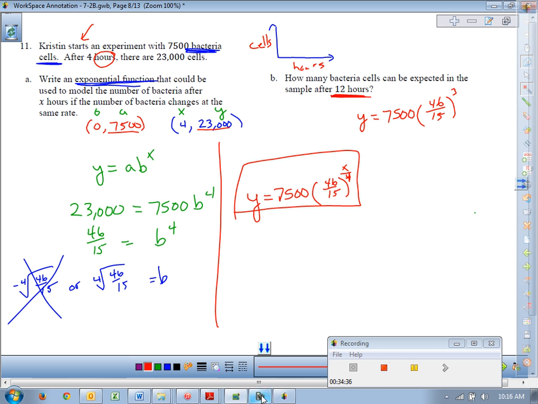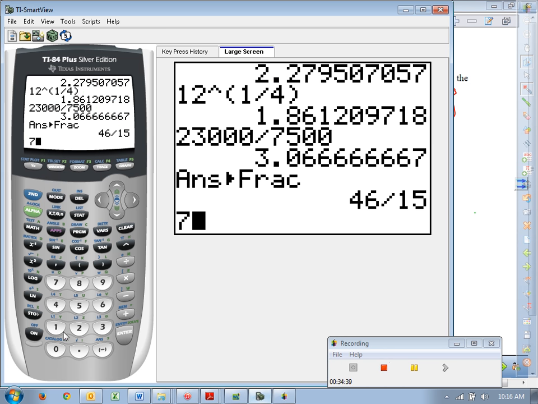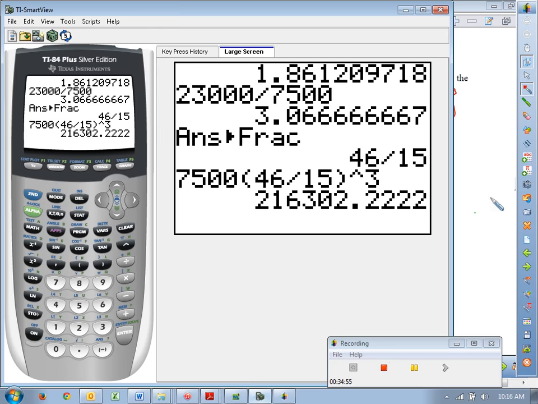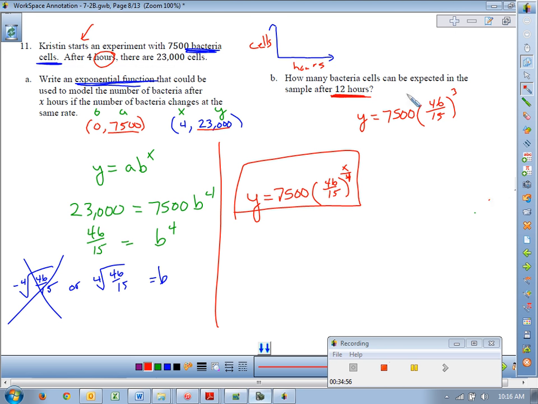Now let's see if you can punch it in correctly. 7,500 times 46/15, is that the right number? 46/15 to the what power? 3rd. And then we'll round how they tell us to round. This is how many bacteria cells, so it's approximate.